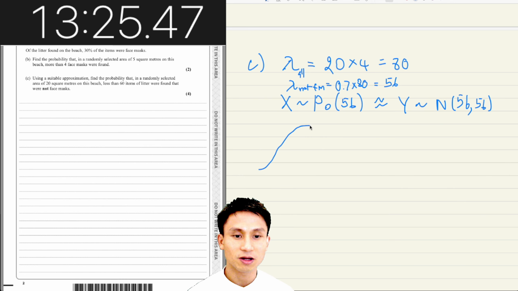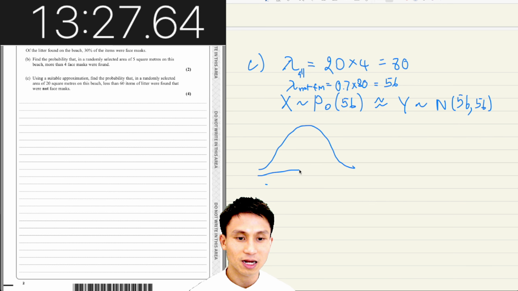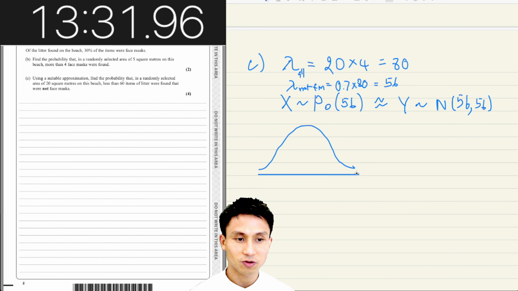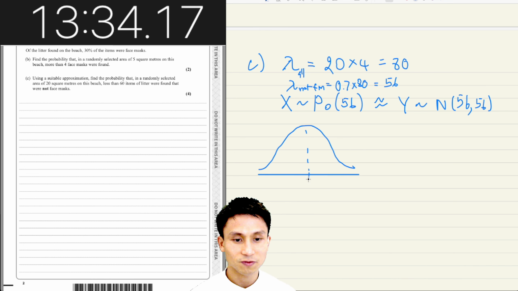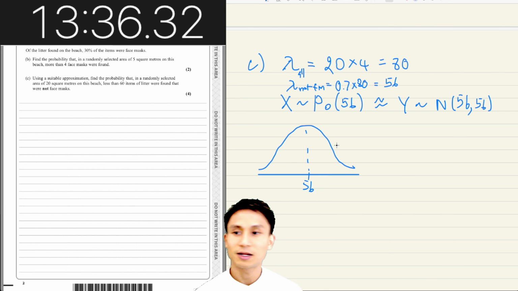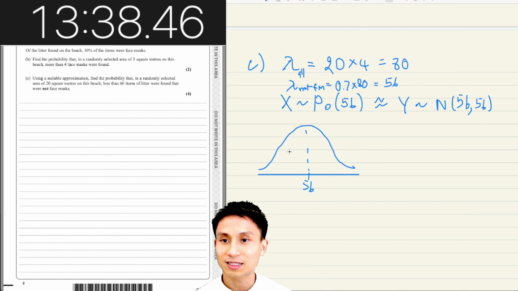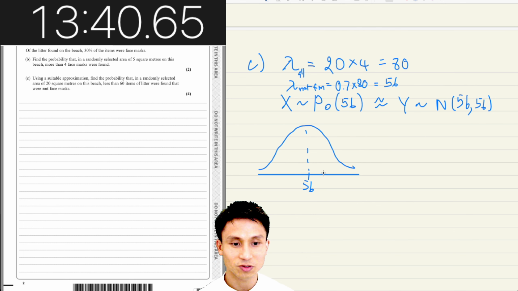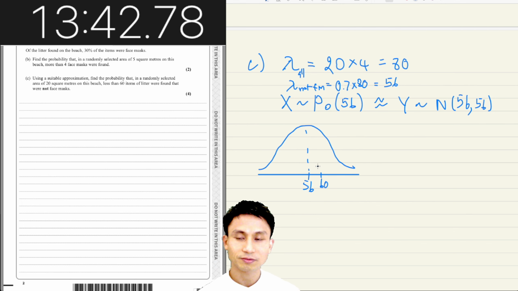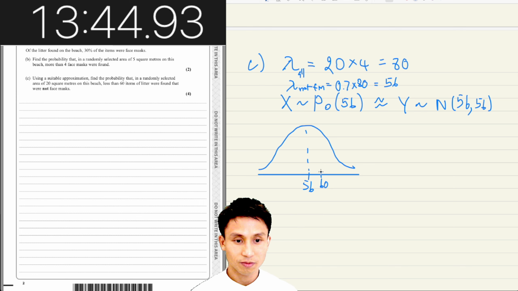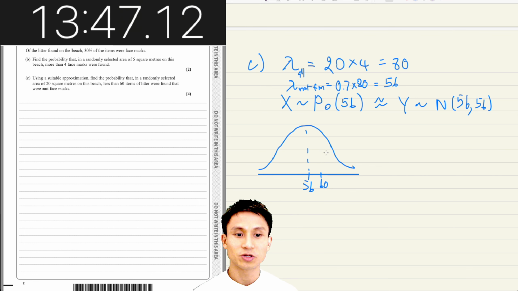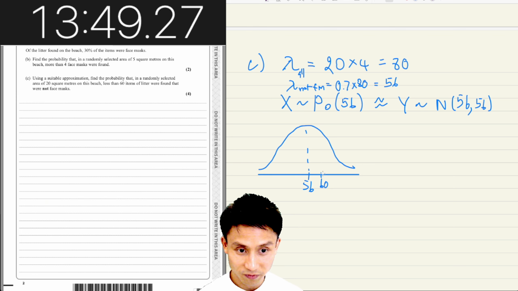So if we draw a bell curve roughly, just to get an idea of where this can be, right? So that's a bell curve there. The mean is about 56, and we needed less than 60 items. So 60 is around here. But because we need to do the continuity correction, don't forget.